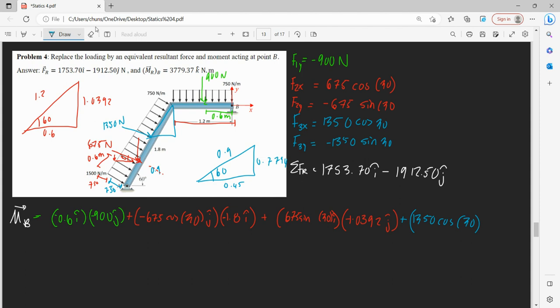So if we start with our x component first, this is in our positive i direction, and this is multiplied by 0.45 plus 1.2, so 0.45 plus 1.2, and that's in our negative i direction. Oh, sorry, no, we wanted our vertical, and that's negative 0.794 j.